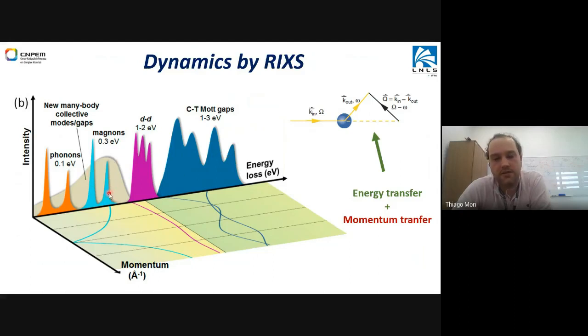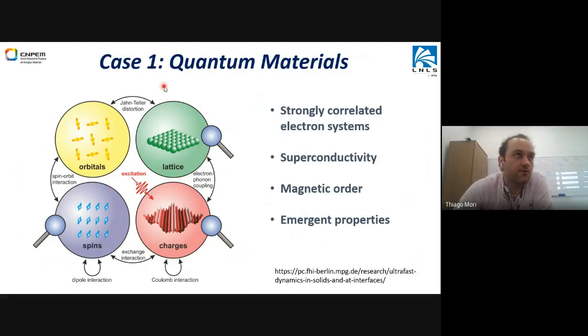quasi-particles, the collective excitations. And that is very nice, for instance, for studying quantum materials, strongly correlated electron systems, where there are different interactions between these different electronic degrees of freedom that come from orbital excitations or lattice excitations or spin excitations or charge excitations that are coupled most of the time and are behind the superconductivity, the more exotic magnetic orders, the emergent properties of these materials.